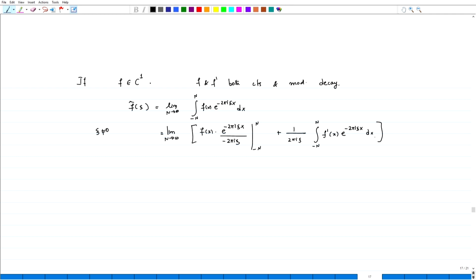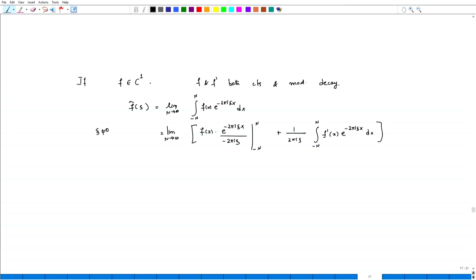Now, as you can see, f has moderate decay, therefore f towards infinity has to go to 0, because mod of f of x is less than or equal to some constant by 1 plus x square.